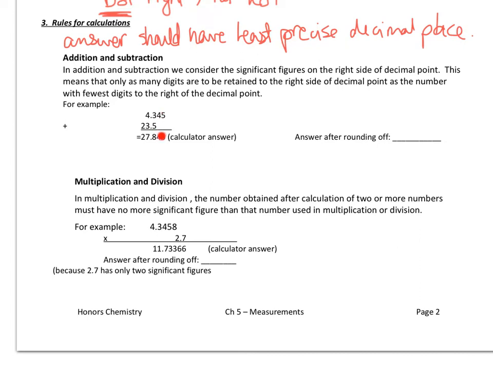When you add these together in your calculator, you get 27.845, but we have to round this to the correct number of sig figs. This number is precise to the thousandths. This number is precise to the tenths. Which one is less precise? The one that's less precise is the tenths place. So your answer should be to the tenths place. So it would round to 27.8.